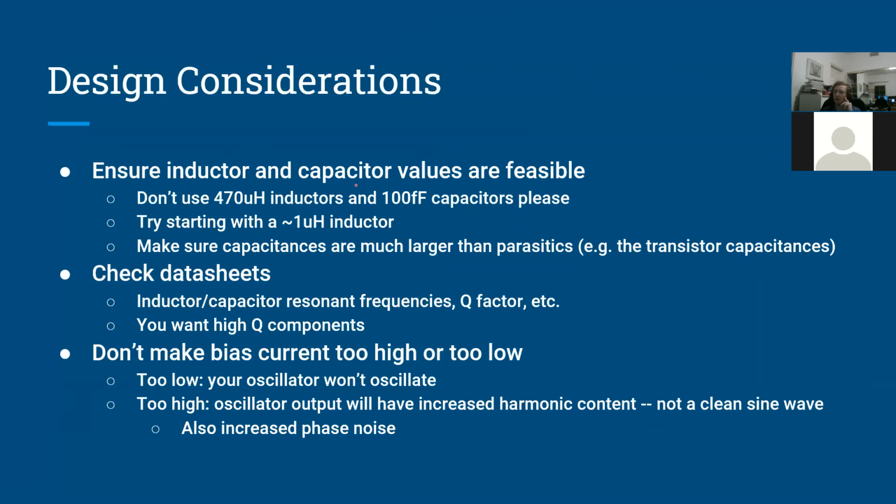So other things in general, when you're choosing components for RF systems, you have to make sure that your inductor and capacitor values make sense. And it's hard to tell what'll make sense and what doesn't without experience building things like this, so I'll give you an example.